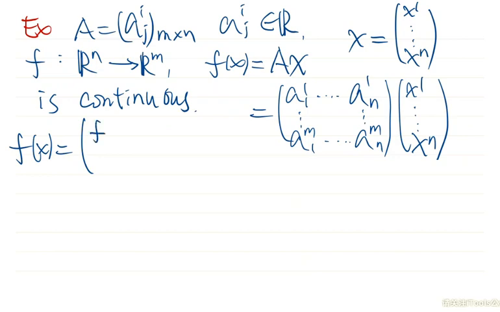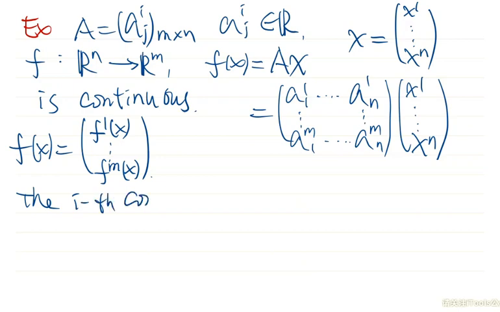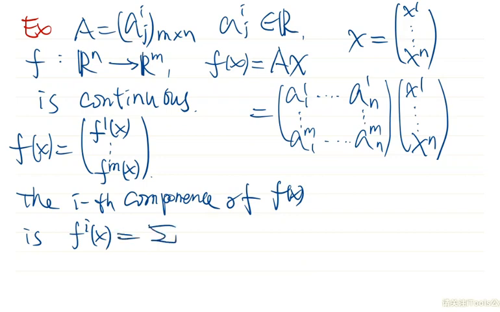So the i-th component of f(x) is fi(x), which is the sum over j from 1 to n of a_ij x_j. By matrix multiplication, we see that fi(x) is this sum.